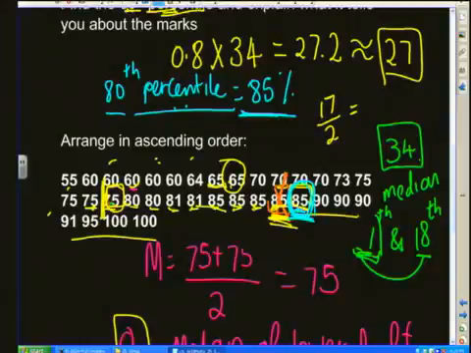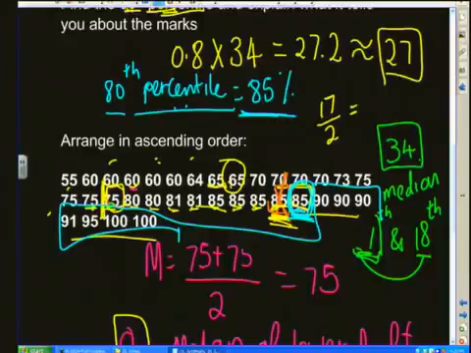Therefore, 20%, which is the remaining piece, is greater than 85. So put it in terms of people in your class, that means 80% of your class got less than 85%, and therefore the remaining 20% would have gotten a mark that's greater than 85%.